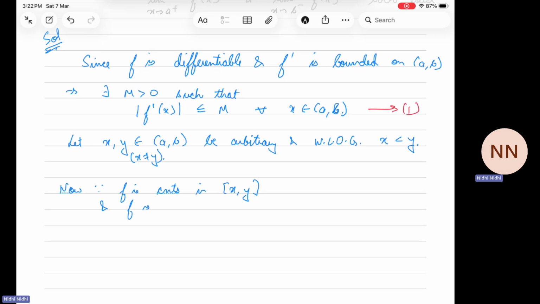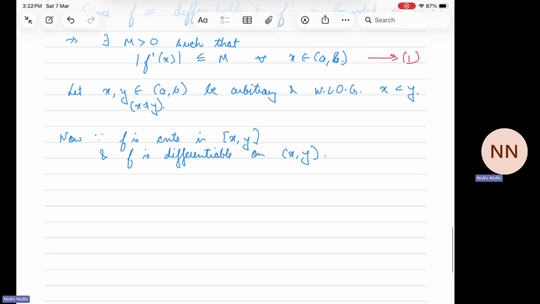And f is differentiable on open interval (x, y). Now this gives us the conditions for the mean value theorem.